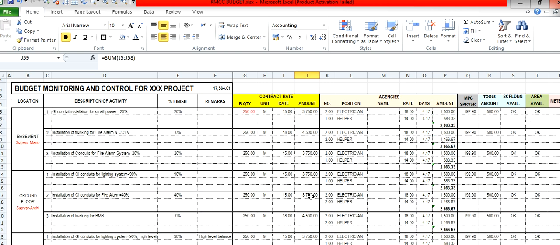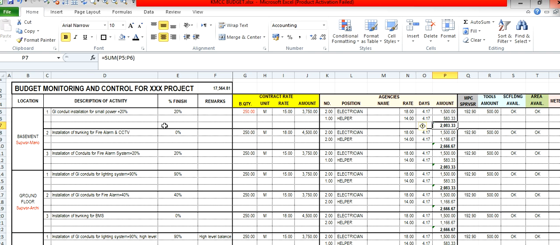So the total of this activity is 75,000. For every activity we have to put manpower. This is the manpower. For every activity we put two electricians. This is the rate. We can also put their name as an account charge. So to complete the 250 linear meters, this is the total.